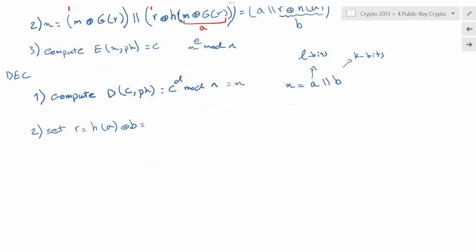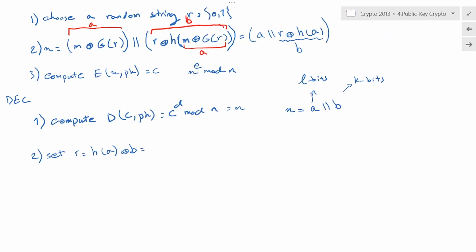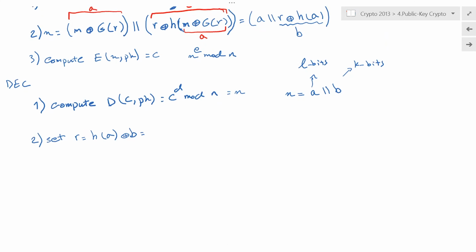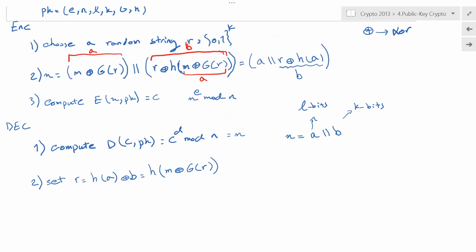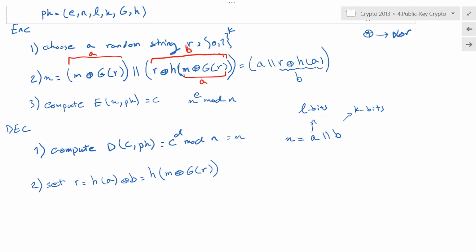So the hash of a is going to be the hash of these first L bits. So it's going to be exactly the hash of this value over here, so it's going to be hash of m XOR with G of R, right? So this is what happens if you compute the hash of a. And what was b? The b was the rest of them, these k bits.